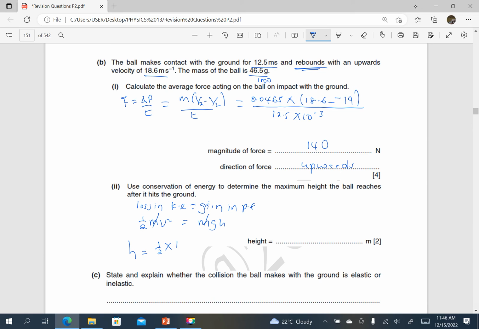So h is a half times 18.6 squared divided by g, which is 9.81. So this is 17.6 meters.